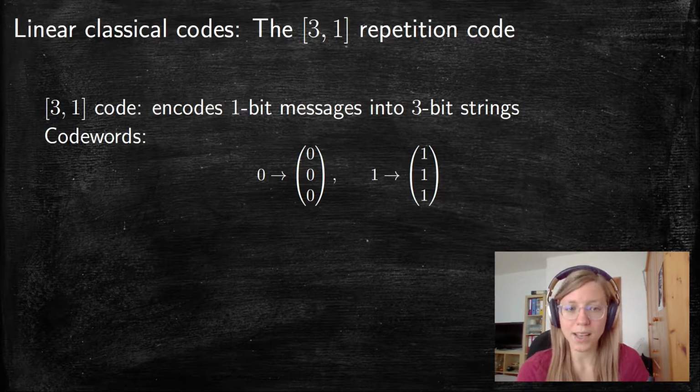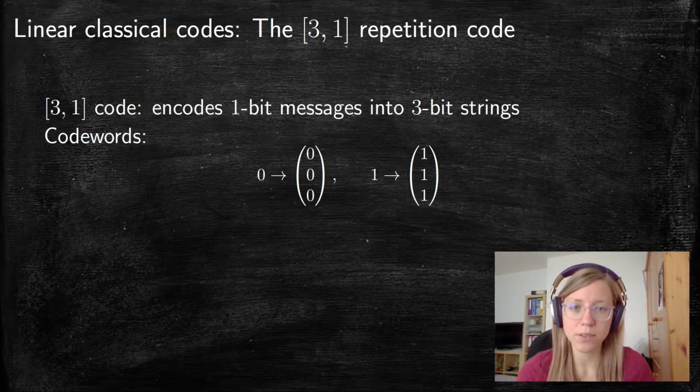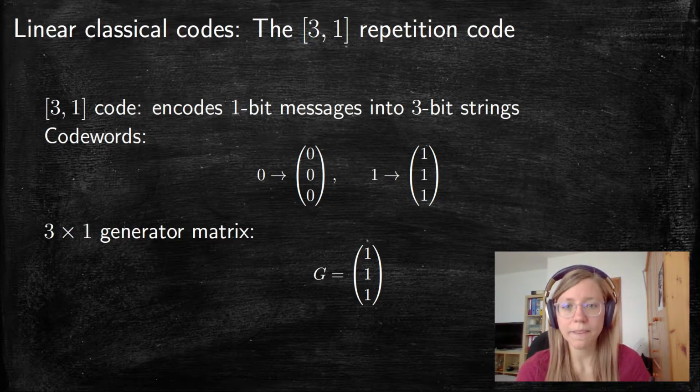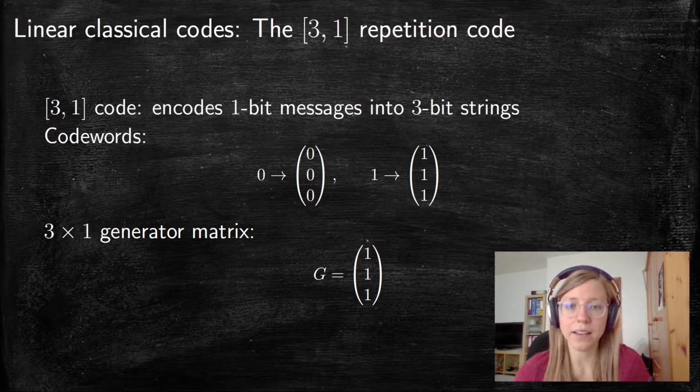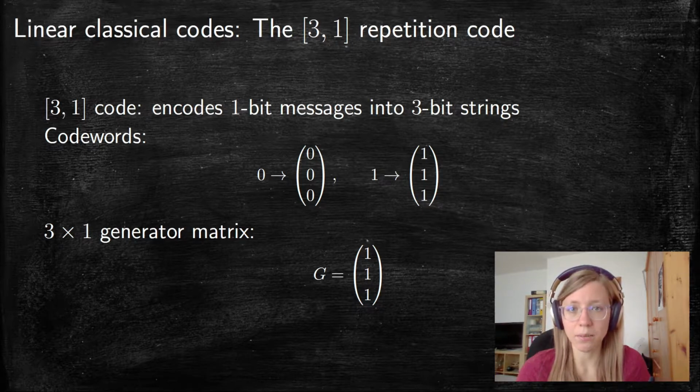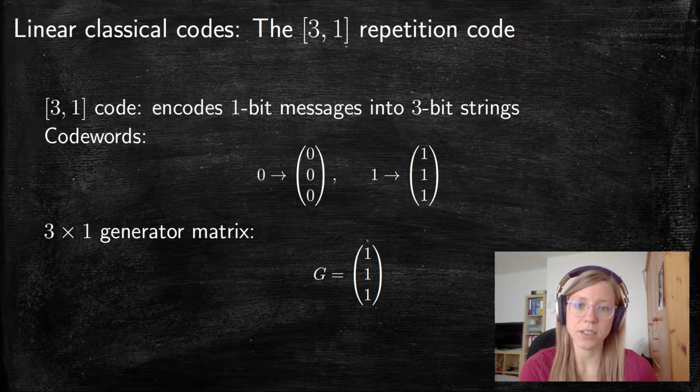So the code words are, for the message bit 0, simply a vector of 3 zeros, and for the message bit 1, a vector of 3 ones. The generator matrix for these code words is then simply given by 3 ones in a column. You can quickly verify this by applying the matrix G to the two 1-bit messages 0 and 1.